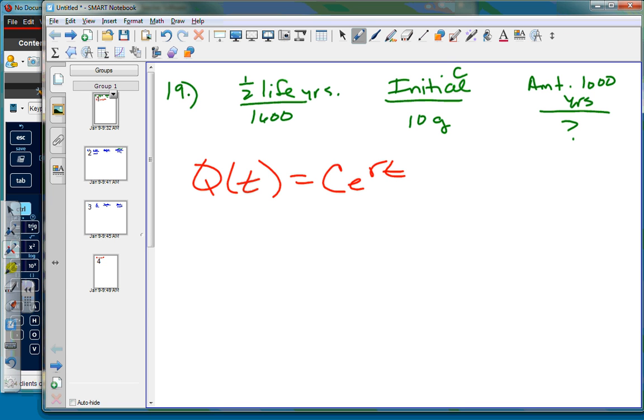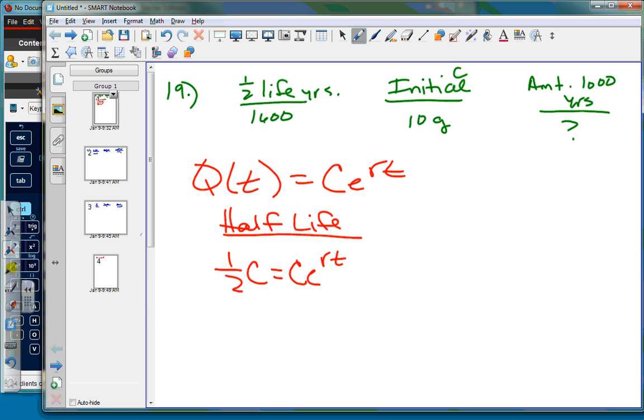So, just like we had previously with the doubling and tripling, I'm going to have a half-life formula. Half-life would be half of C is equal to Ce^(rt), because C was my initial. So I'm going to have half of that left over, correct?